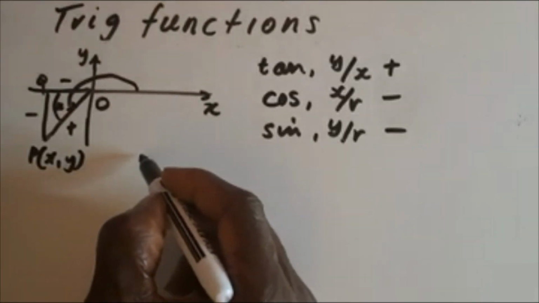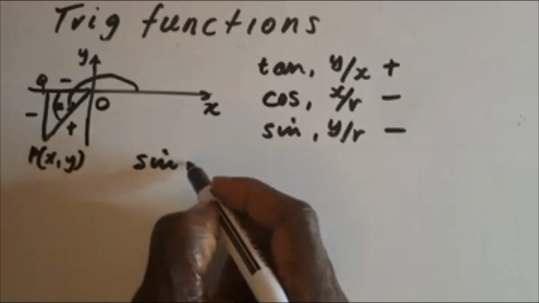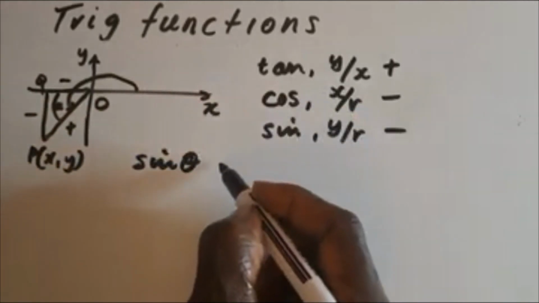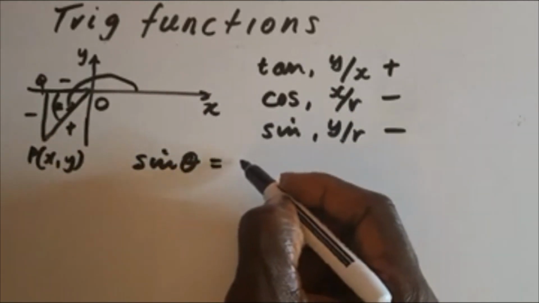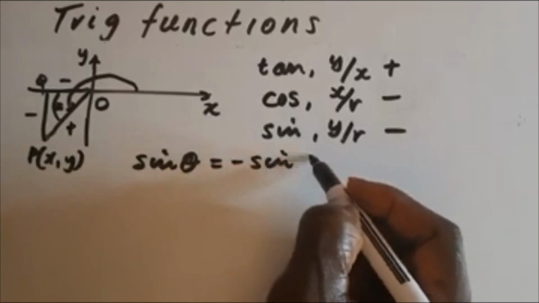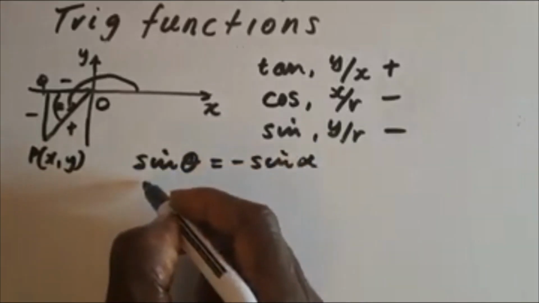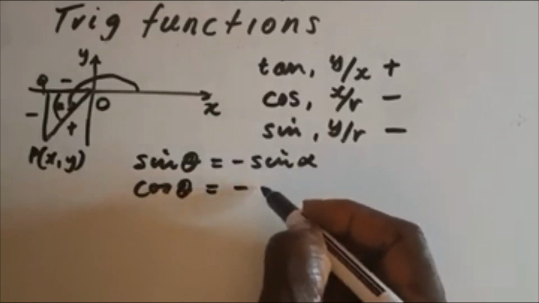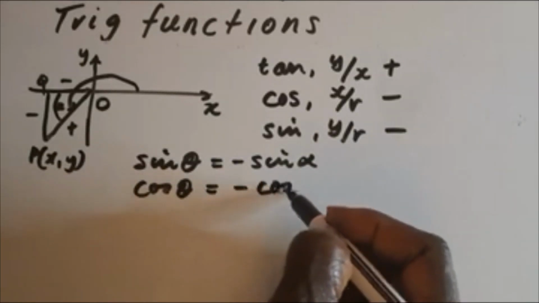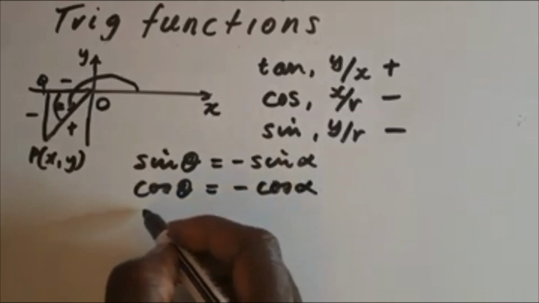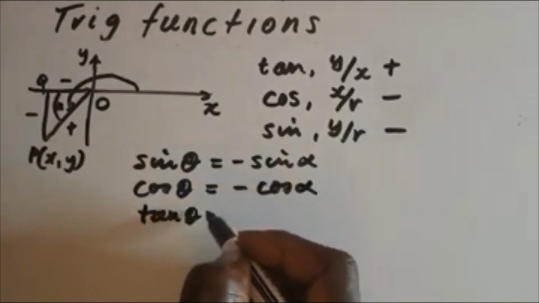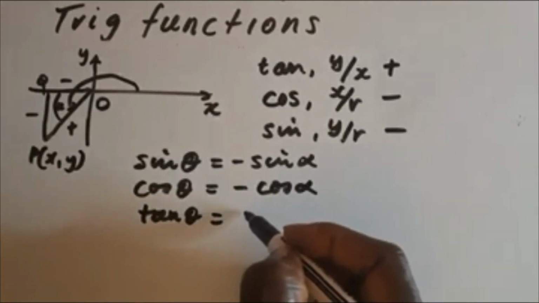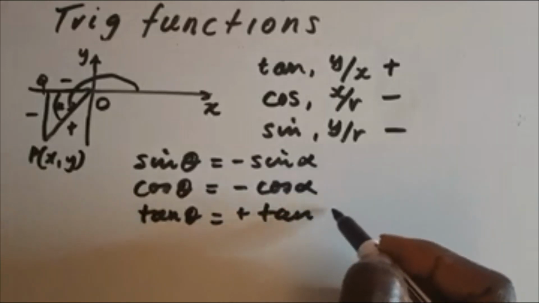So our trig ratio sine theta will follow these signs: it is minus sine alpha, cosine theta is minus cosine alpha, and tan theta is positive tan alpha.